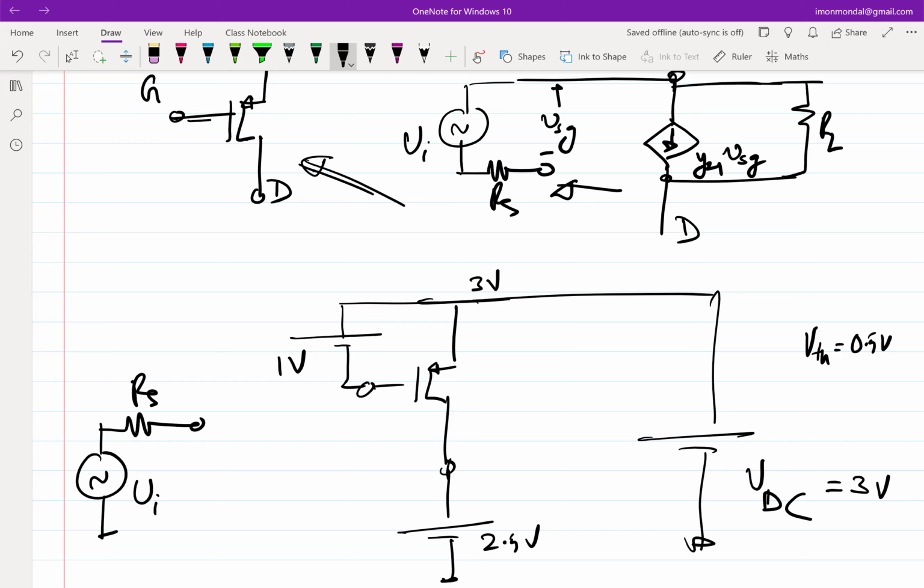So in this case, how should I go about adding it? Pardon? In series with the 1 volt source. So essentially, we put it in this format.